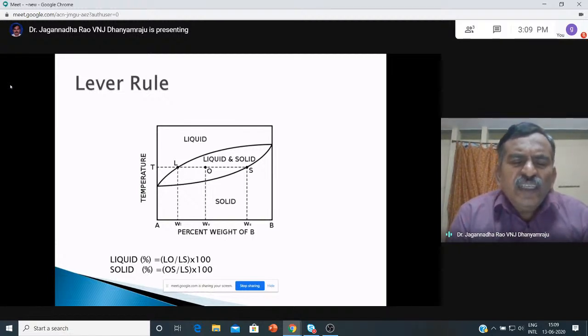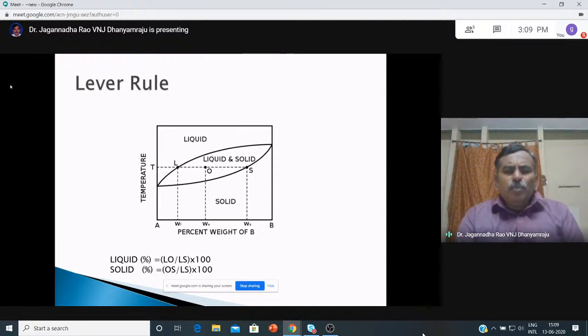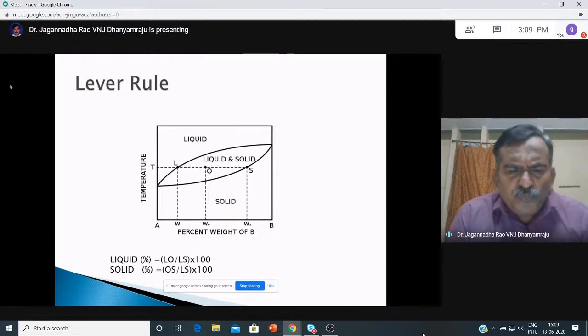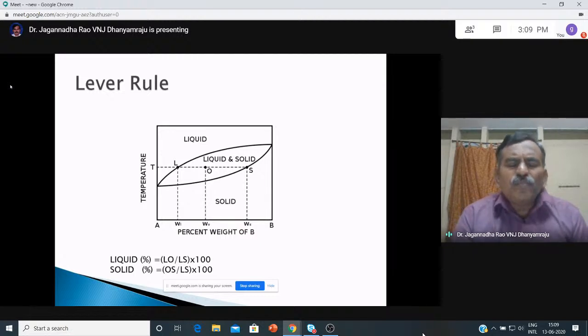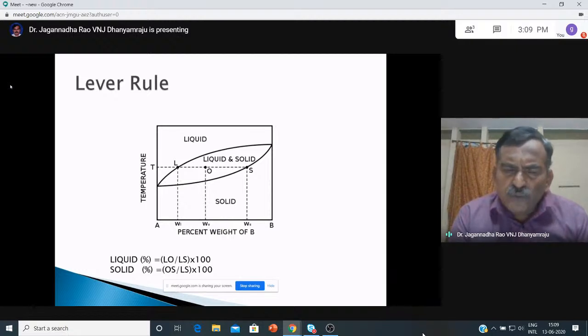point lies within the loop, right? For example, let us say the composition of alloy is W0, that is indicated in this figure, and the temperature at which we want to consider what is the amount of liquid and what is the amount of solid, how much liquid is there, how much solid is there, and what is the percentage of liquid, what is the composition of liquid, and what is the composition of solid, we want to find out.